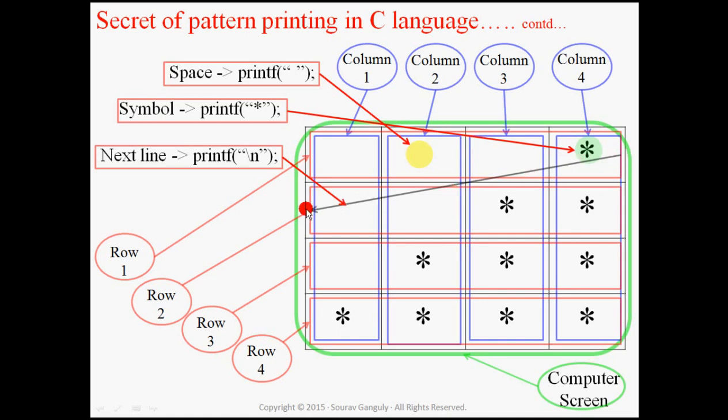Then the cursor will come to the next row, which will contain 2 spaces and 2 symbols. Then the cursor will come to the third row, containing 1 space and 3 symbols. So we have to print it row by row. When the first row is complete, then we print the second row.